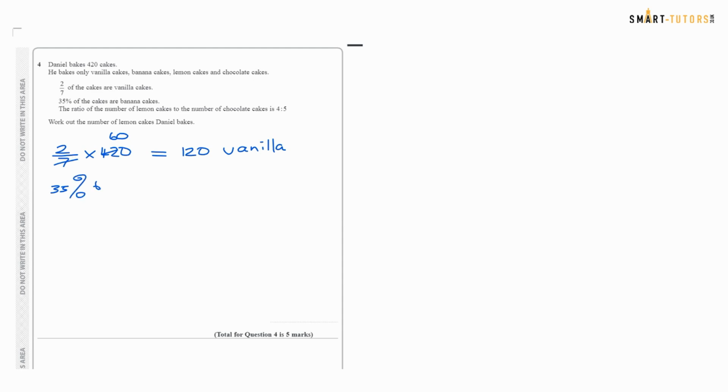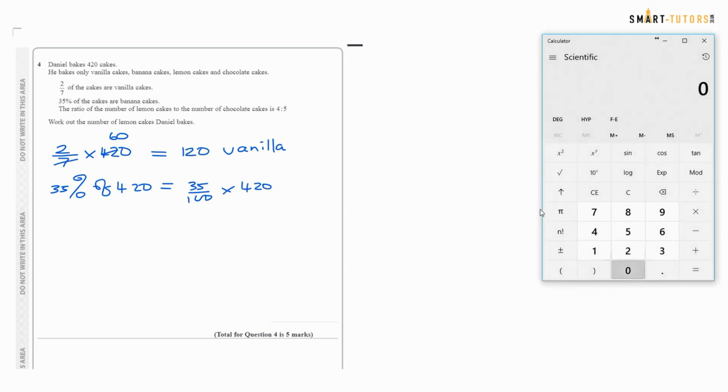Then 35% of 420 are banana cakes. So how to do that one? 35% means 35 over 100 times 420. So you can use the calculator, it's paper 3. So 0.35 times 420, 147. So 147 is banana cake.